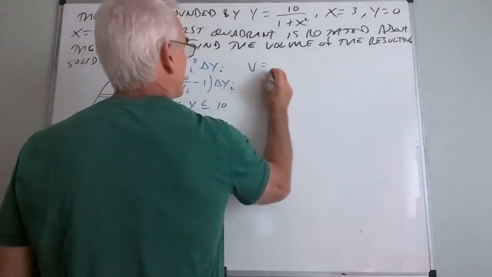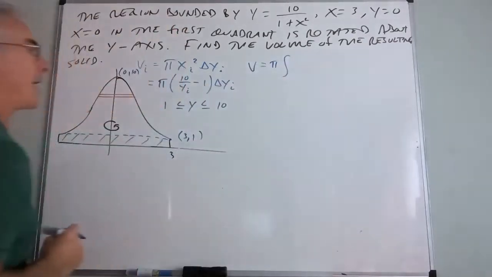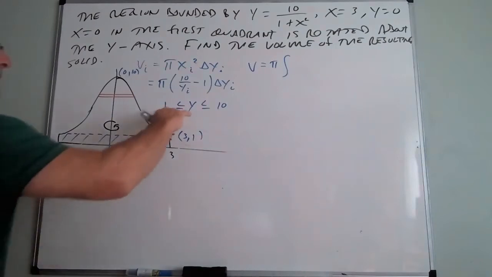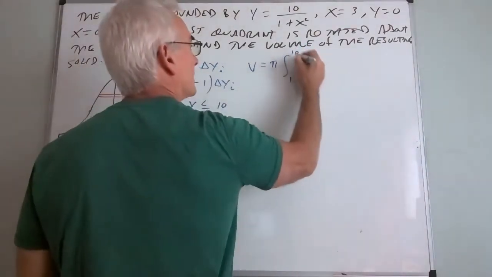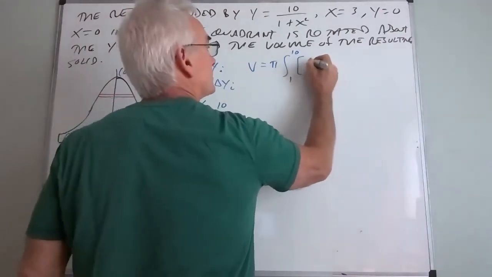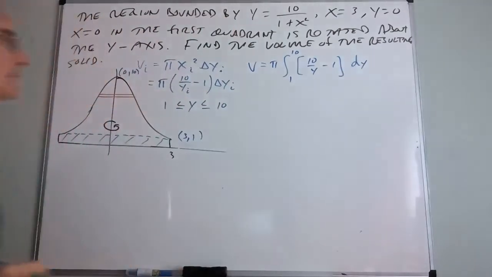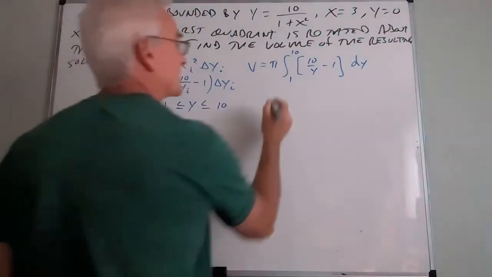So now my volume is, okay, pi. I always pull the pi out. There's no reason to leave it in the integral. The integral from 1 to 10 of 10 over y minus 1. And that's not that terrible. Okay, what does this give us?